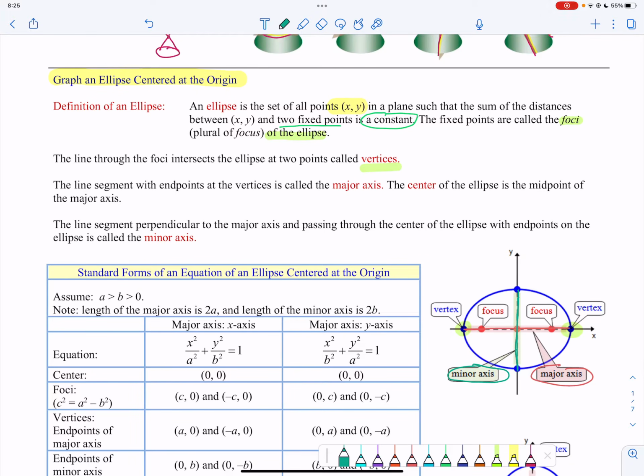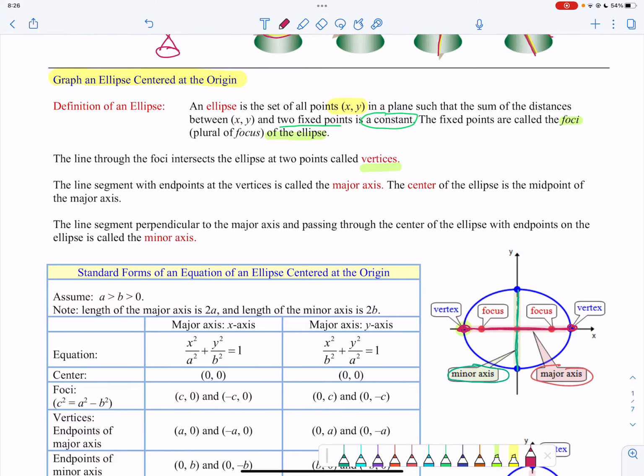So it's the major axis that has endpoints at the vertices. There we go. Right there, major axis, and their endpoints are the vertices, okay?